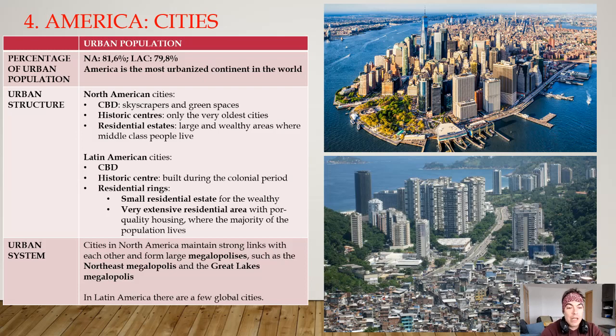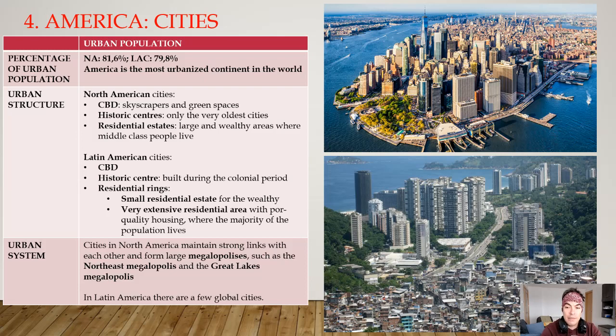Okay. And in Latin American cities, they have a CBD, they have a historic center which was built during the colonial period, because we the Spanish always build a historic center, a big square in the center of the cities in which the main buildings were located, such as the cathedral or the cabildo.